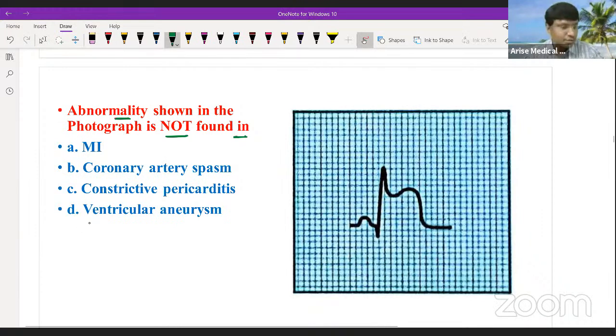Who will answer first? Rajkumar. Very good, Rajkumar. The answer is constrictive pericarditis. Rajkumar, please tell me, what are the ECG changes in constrictive pericarditis?